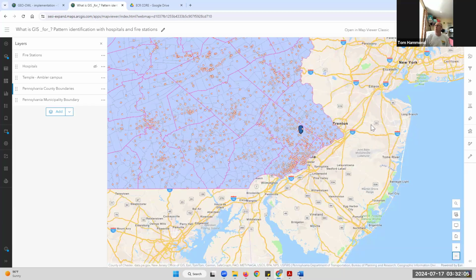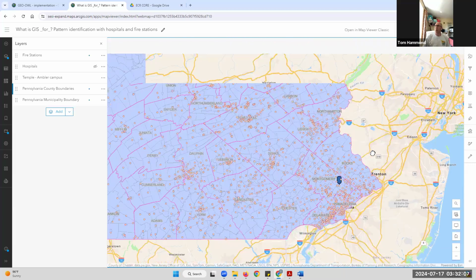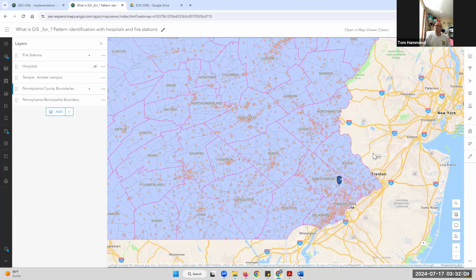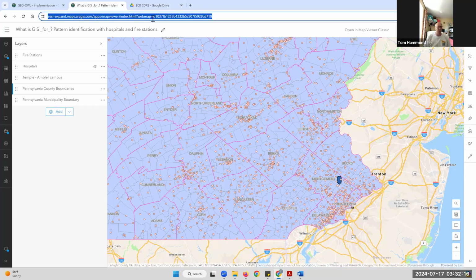We're going to do a lot of things with GIS this week that don't require a whole lot of technical savvy. After all, everything we're doing right here is just running through a browser, not too hard. So that is the what is GIS for activity, just a demo to the students. And I hope that you're able to work with it now that I've shown it to you.